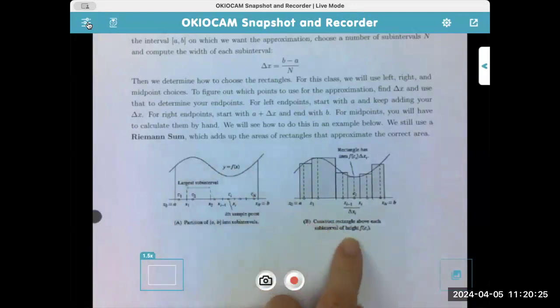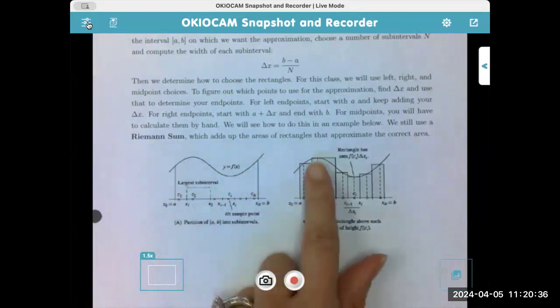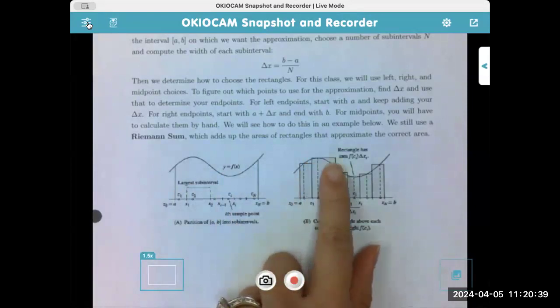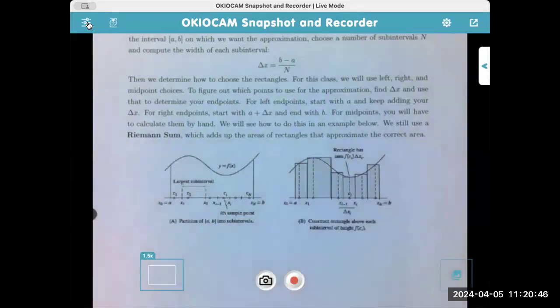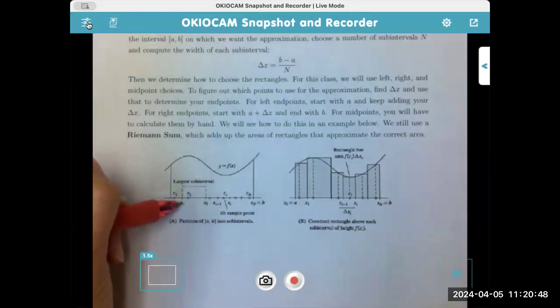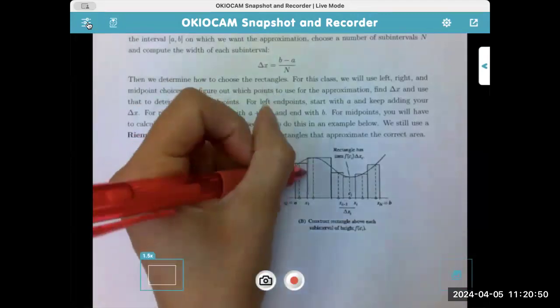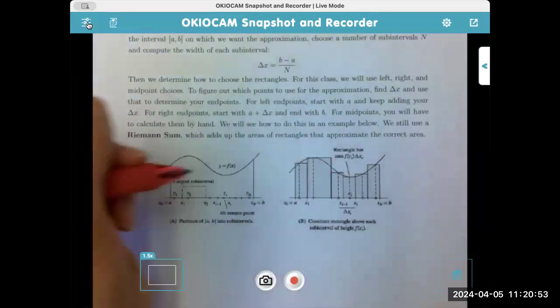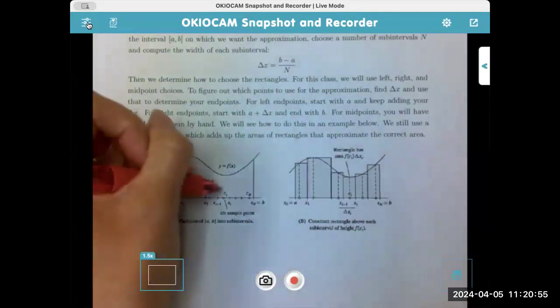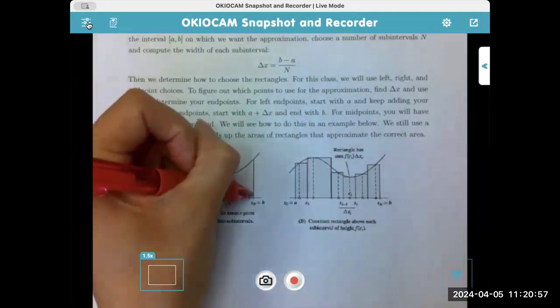Well, if I want to construct the rectangle above with the subinterval, if this is where we start, and then I choose this to be my next subinterval, here they're using the midpoint. Here's my x sub 1. So here's my subinterval, random subintervals.